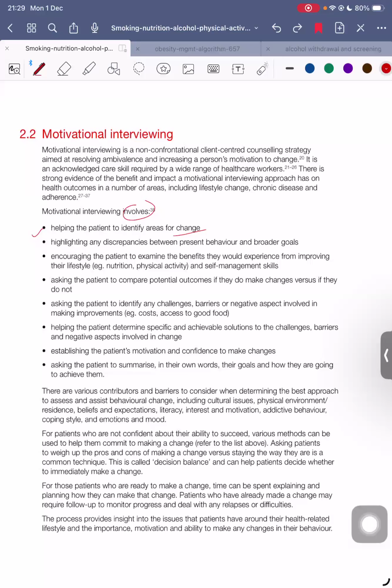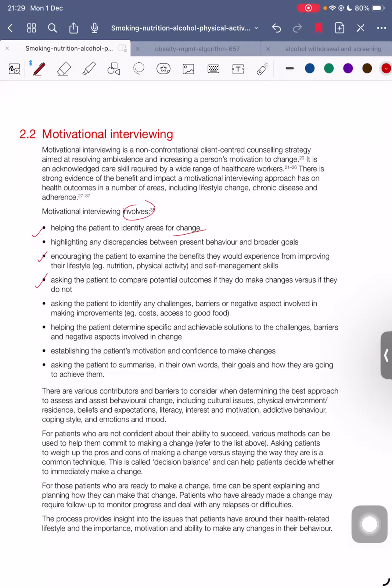Encourage the patient to examine the benefits they would experience from improving their lifestyle, such as nutrition, physical activity, and self-management skills. Ask the patient to compare potential outcomes if they make changes versus if they do not.